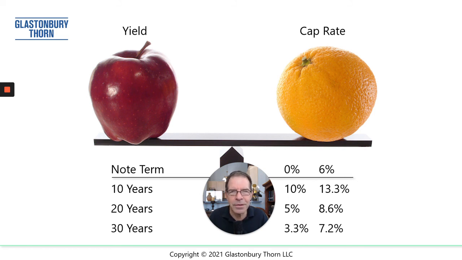You'd have to find an investment, real estate investment, that advertised itself correctly as a 13.3% cap rate to equal that same stream of income that you would get from a 6% note that had a 10-year term. So that's interesting.